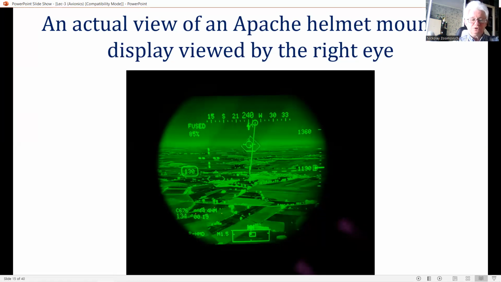Monocular systems are used, which normally display the image to the right eye. The visor, which is of spherical profile, has a reflective coating patch on the portion of the visor in front of the eye, which acts as a spherical mirror and collimates the display image. Typical field of view for an HMS is around 7 to 10 degrees.